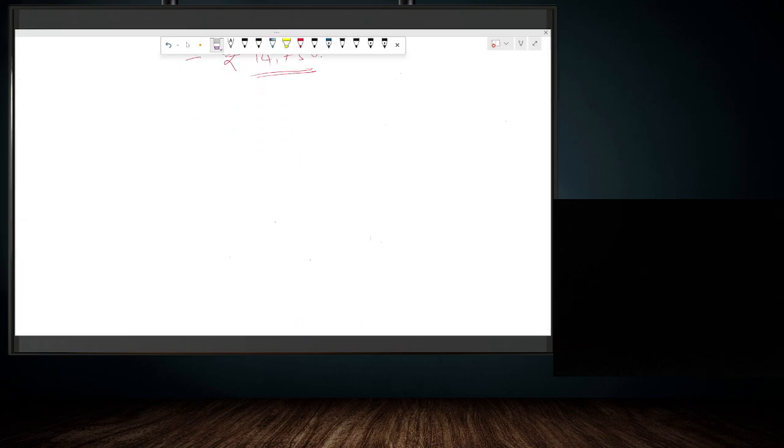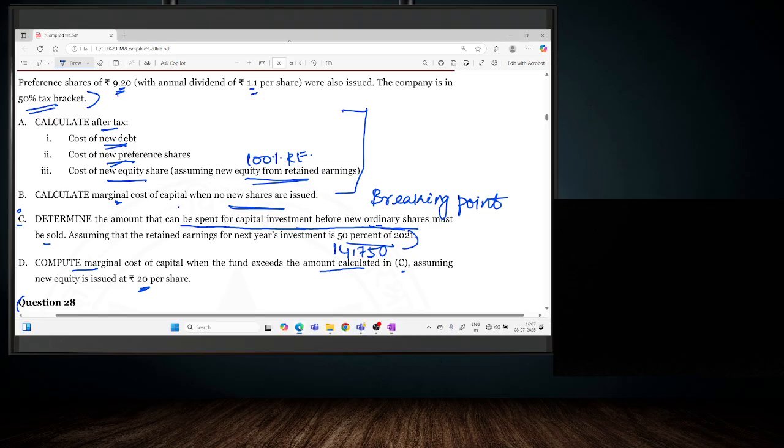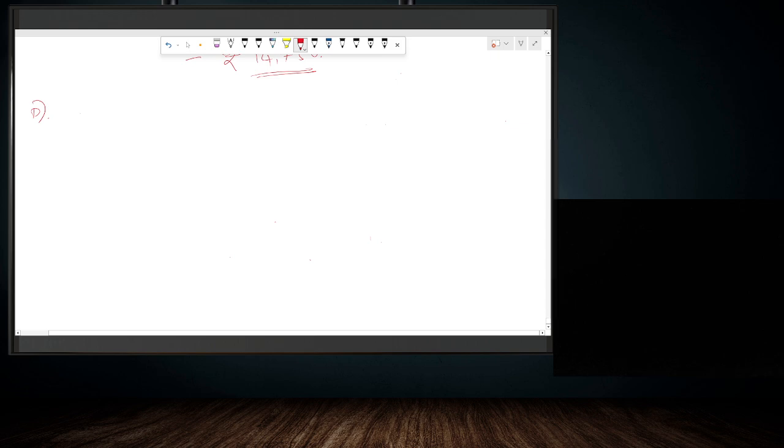So write down requirement D. So requirement D is to calculate marginal cost of capital. But before calculating marginal cost of capital, we have to calculate what? We have to calculate the cost of equity, no, here. Cost of equity is equal to, what is the formula?